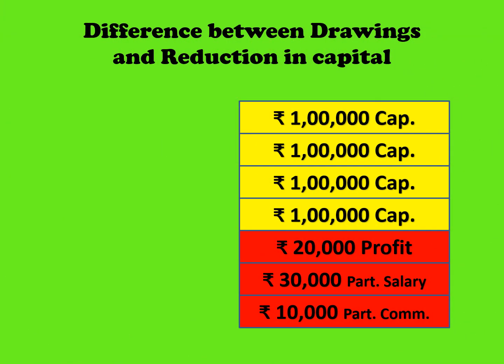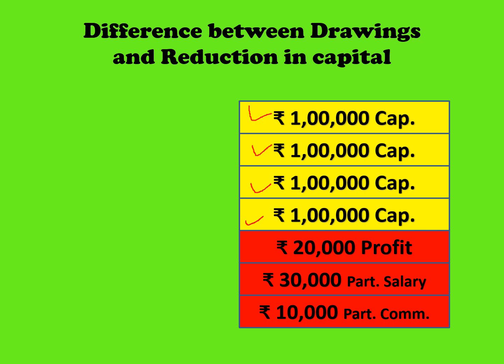Now we will discuss the difference between drawings and reduction in capital. As you can see, one partner has introduced 1 lakh rupees, 1 lakh, 1 lakh, 1 lakh.